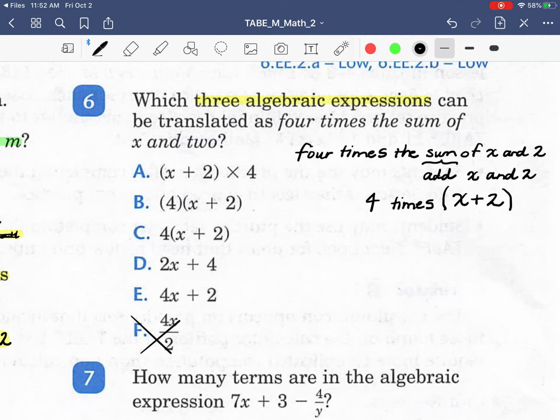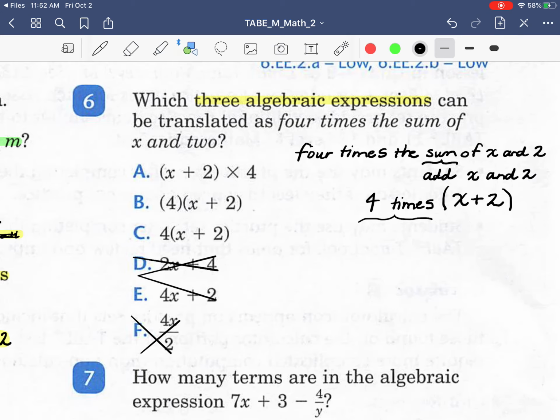So let's take a look at what our choices are. I know that I need to multiply by 4, so I could eliminate D. It doesn't have multiplying by 4. I can eliminate E because it's not multiplying the x plus 2 by 4.